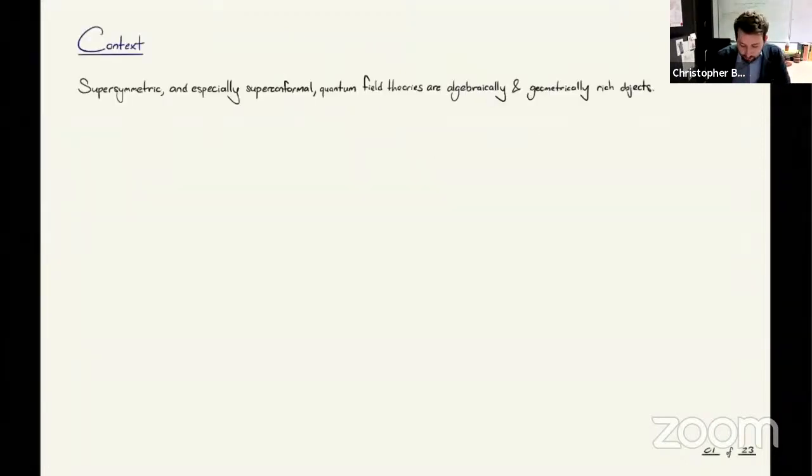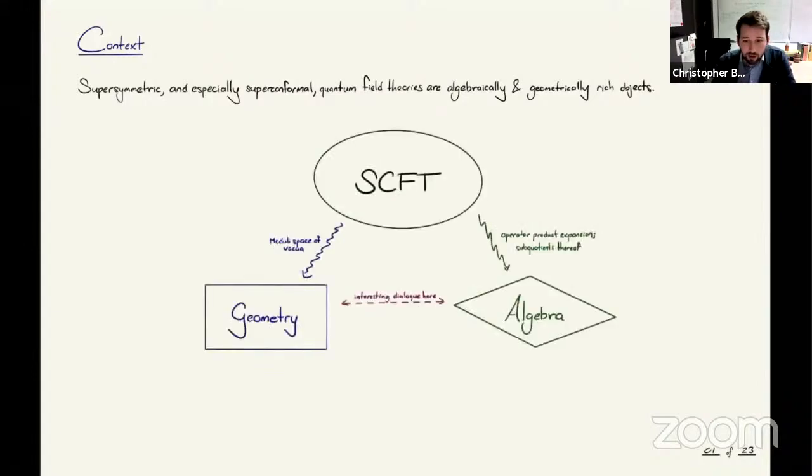So the context for the talk and basically everything I do is supersymmetric and more specifically superconformal quantum field theories. And these are, from a mathematical point of view, many things, but in particular, they have an algebraic and a geometric side. Here is some silly cartoon to illustrate this truism.